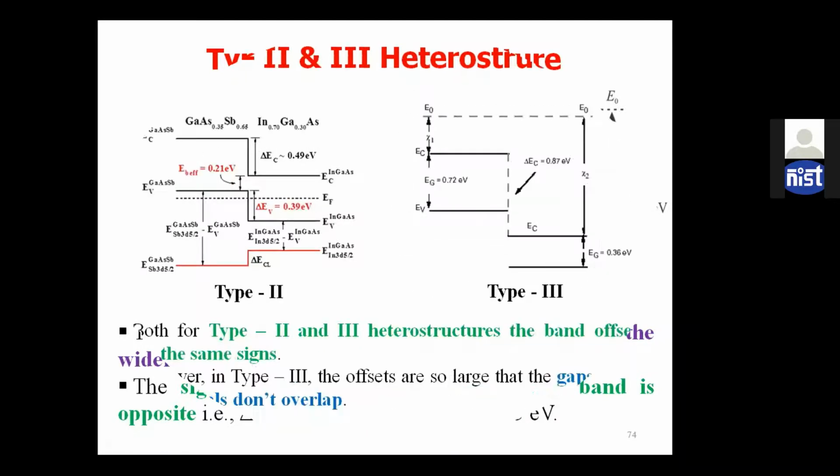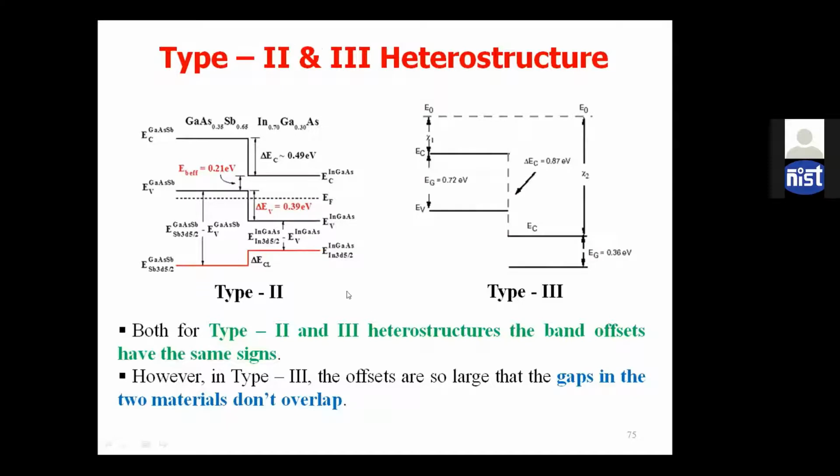Similarly, in case of type 2 and type 3, both the band offsets have the same sign. You can see here, this is gallium arsenide antimonide, and this is indium gallium arsenide. So here you make a heterostructure. This is the EC of gallium arsenide antimonide. This is the conduction band of InGaAs.